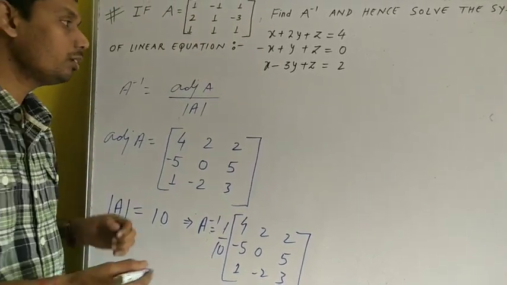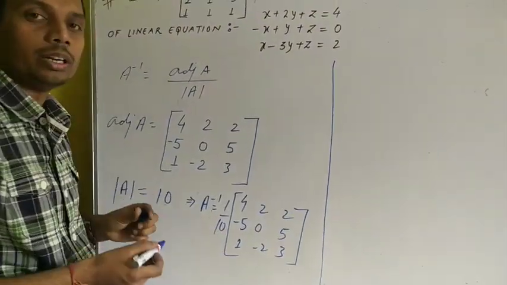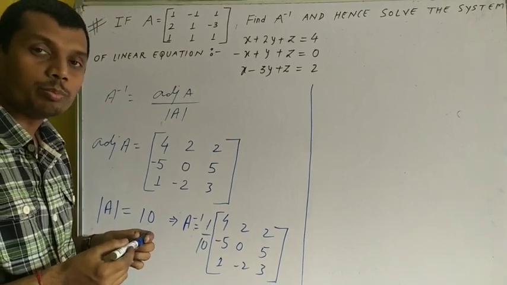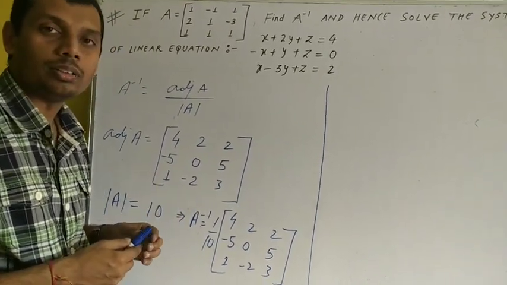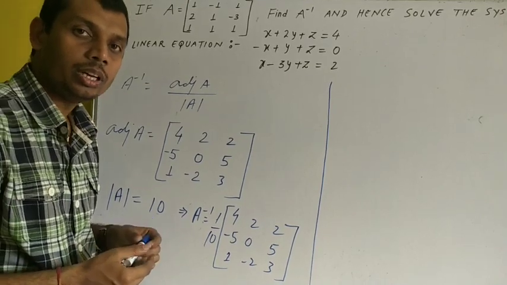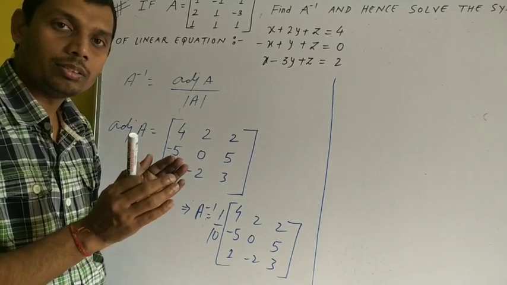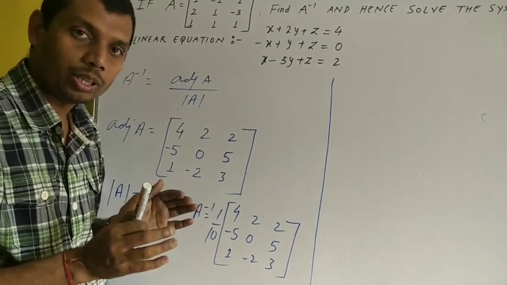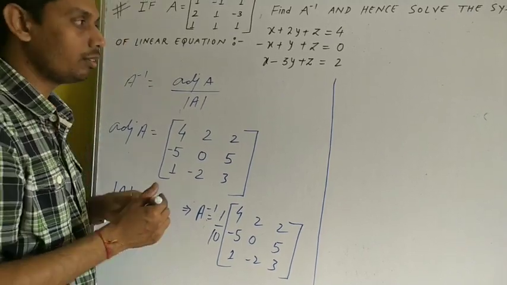Now see, as we discussed in the previous video how we solve a system of equations with the help of the matrix method, we construct a matrix with the help of the coefficients of the variables x, y and z.